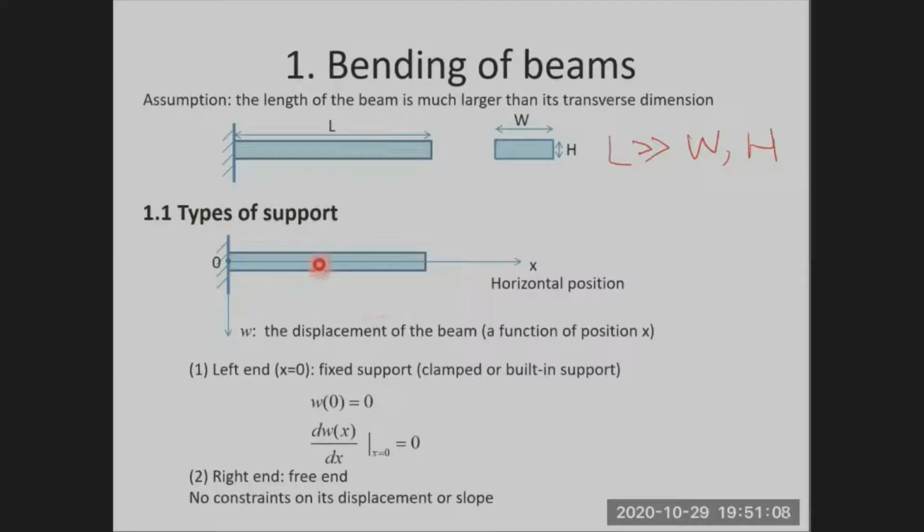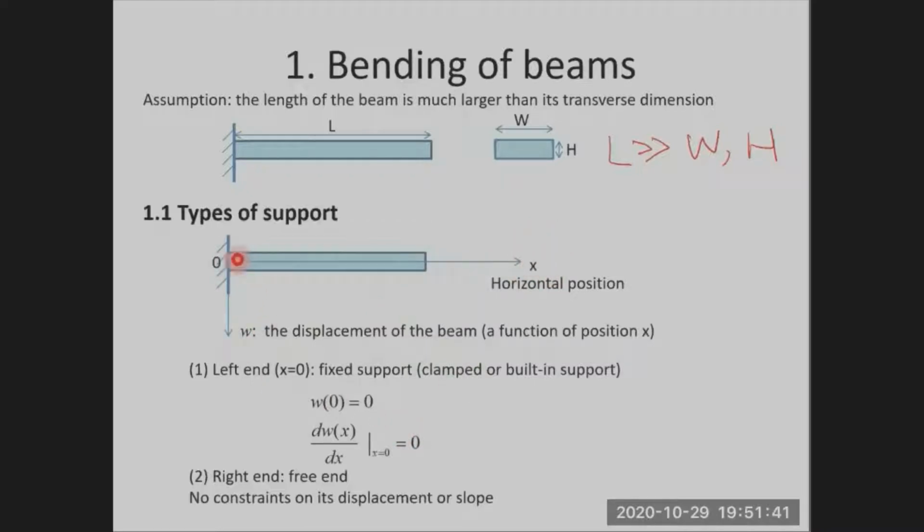Let's consider the cantilever beam shown in this figure. The x-axis represents horizontal position, and its origin is selected at the anchoring point, that's 0. W is the displacement of the beam, and we can see it will be a function of x.